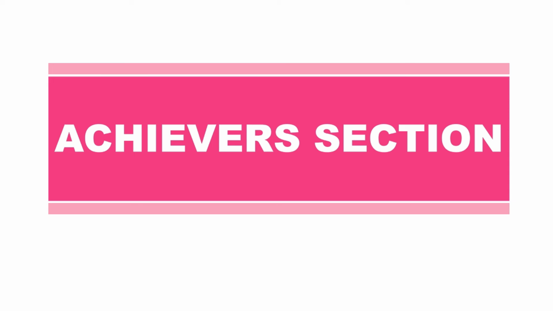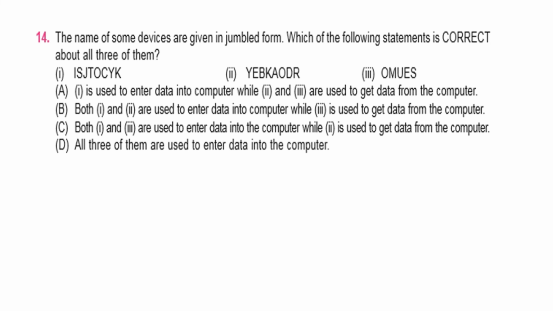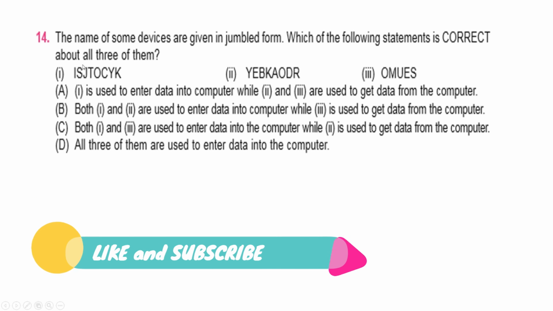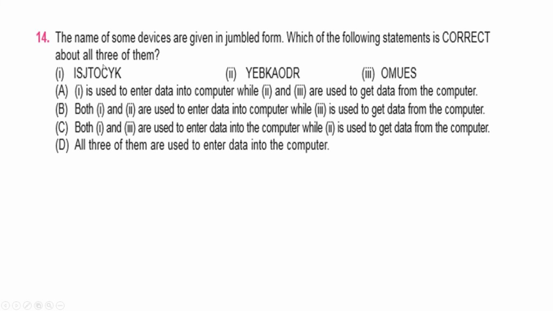Now we go to our Achiever section. Let's look at our first question. The names of some devices are given in jumbled form below. Which of the following is correct about all three of them? So these are 1, 2, 3 which you should unscramble. Is it option A, that 1 is used to enter data into computer while 2 and 3 are used to get data from the computer?